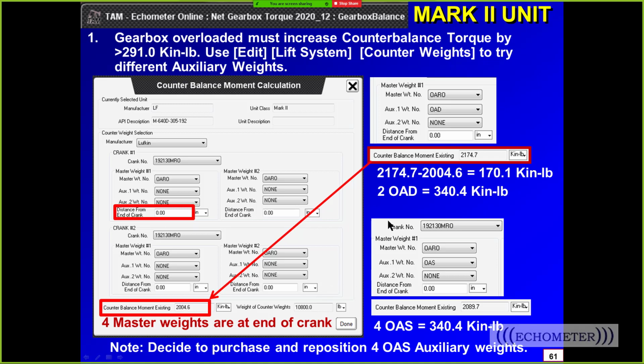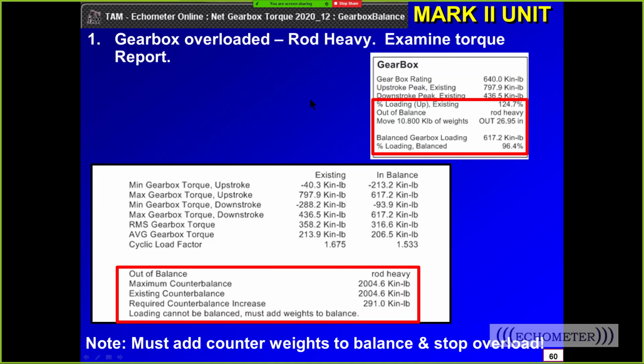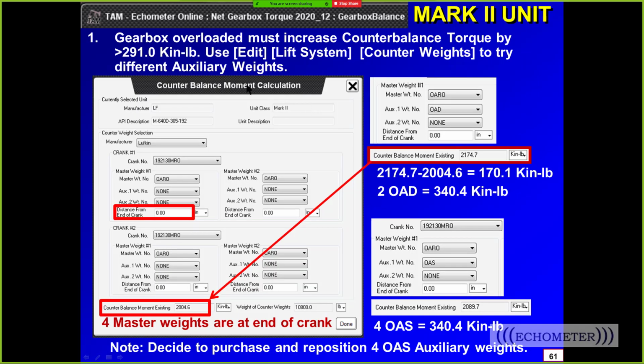It says right here we need to go more than 291,000 inch-pounds. With the existing weights right here, we're at 2,004,000 inch-pounds. That's the existing counterbalance moment.